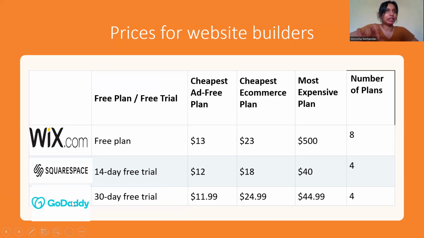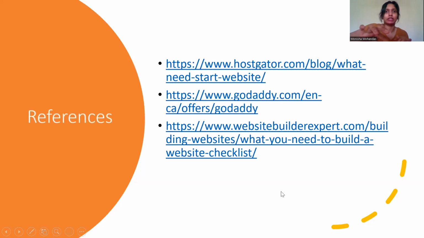I'm going to be using GoDaddy today to give you a basic how-to on creating a basic website. And their e-commerce plans would range from $25. And the most expensive plans are these, and the number of plans is 804. So Wix has the most number of plans. What are these number of plans? I'll show you on GoDaddy what it means. And these are my references.